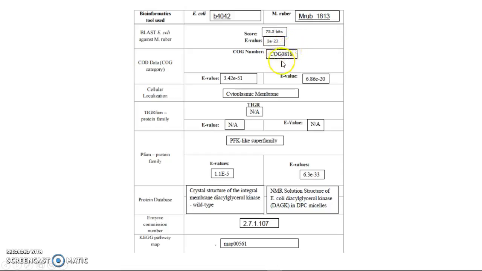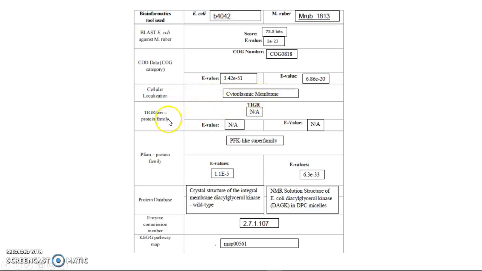We had a COG of 0.818 for both organisms, which means they had a lot of similarity to the same functional domain, based on these very low E-values. The cellular localization gave us a prediction that it was going to be in the cytoplasmic membrane, and that was present for both.